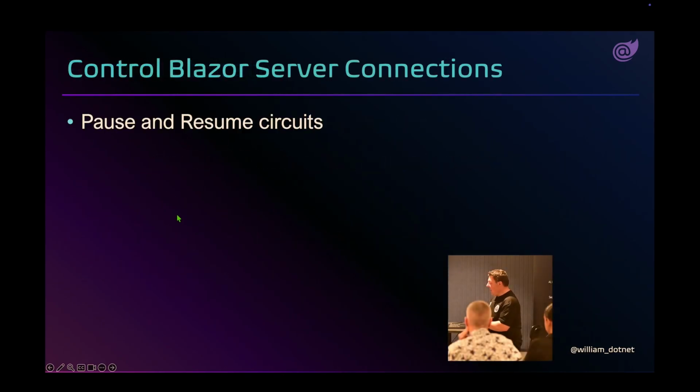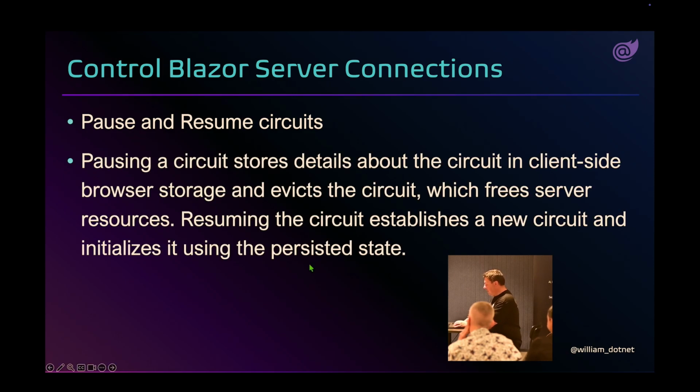Now we can go and control how those circuits are closed or opened in, unfortunately, JavaScript. But yeah, so the circuit stores details about the circuit in client-side browser storage and evicts the circuit. So that answers part of your question and frees the server resources.